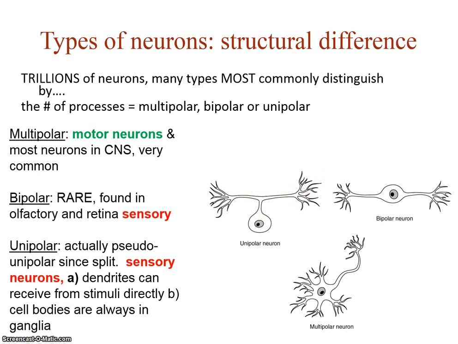I mentioned here too, or your book says, that the cell bodies are always found in ganglia. So when we start looking at the spinal cord and we talk about the dorsal root ganglia, that ganglia is a collection of these unipolar neurons' cell bodies. And then outside that ganglion are these processes.